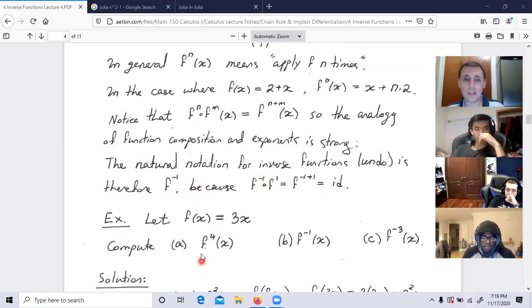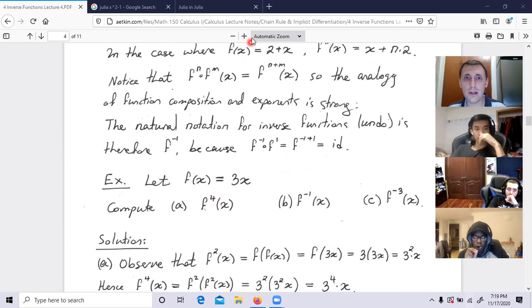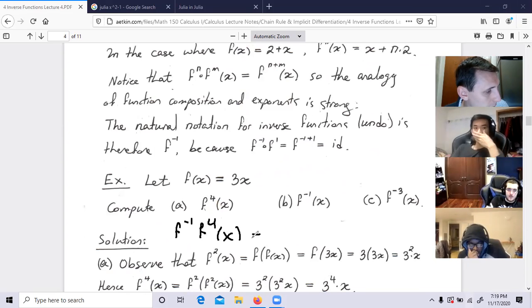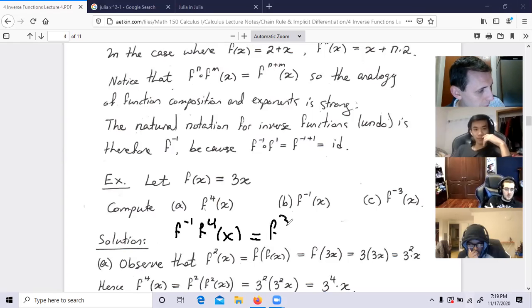You understand? So for example, if I had f to the 4, f composed with itself 4 times, and I wrote f inverse composed with f to the 4 of x, that means that you're saying apply f one less time. So it would be f to the 3 of x. That's why the notation is the same.